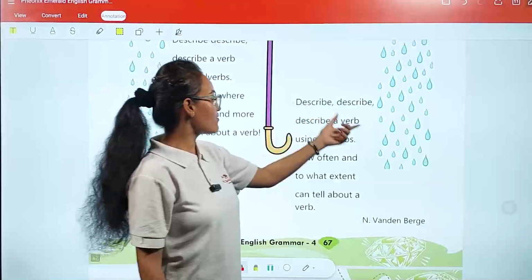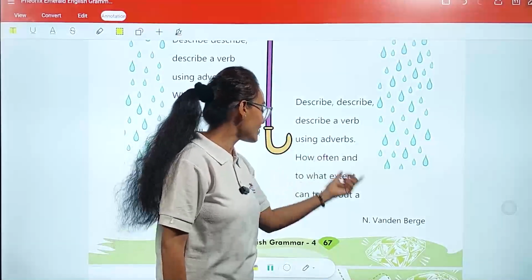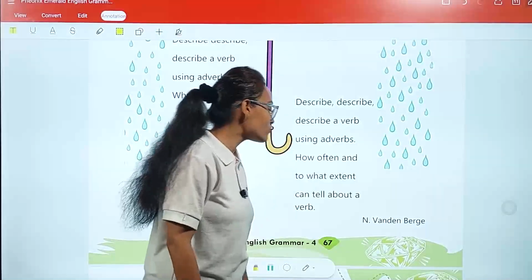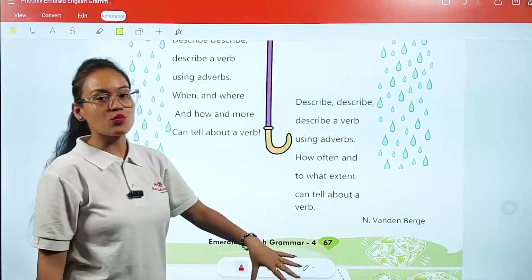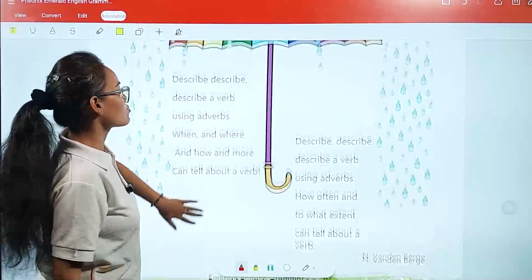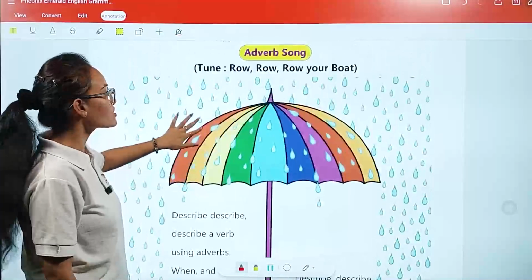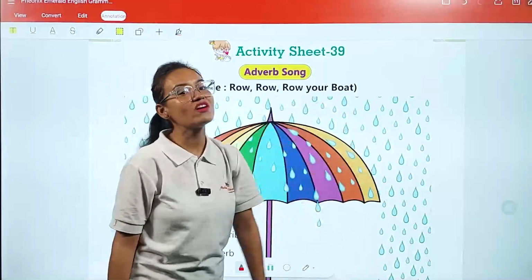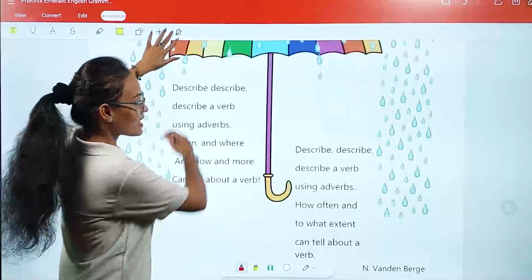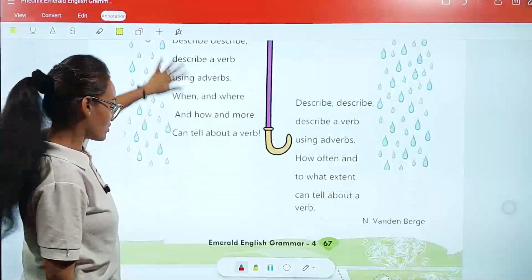How often and to what extent can tell about a verb. This poem is written by Anne Van Burge. In this entire poem you can see the verb words as well as adverb words.